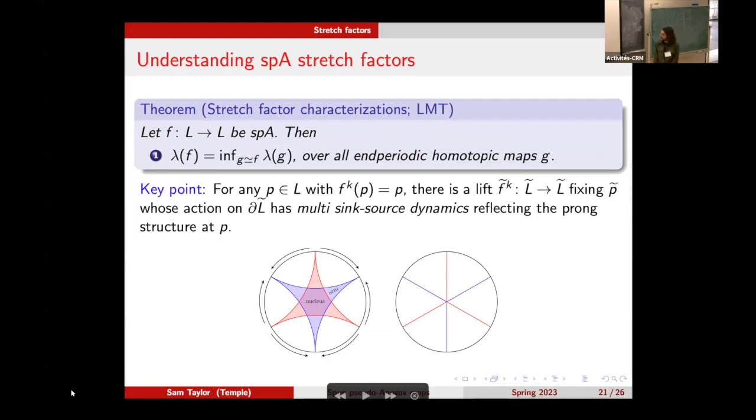Now, homotopy or proper homotopy? So G is also N-periodic. Any homotopy works. The difficulty here, which I didn't say, is that it's easy to see that these are sinks and sources for the action on the circle at infinity. One actually needs to say that they're sinks and sources for the action on the disk.